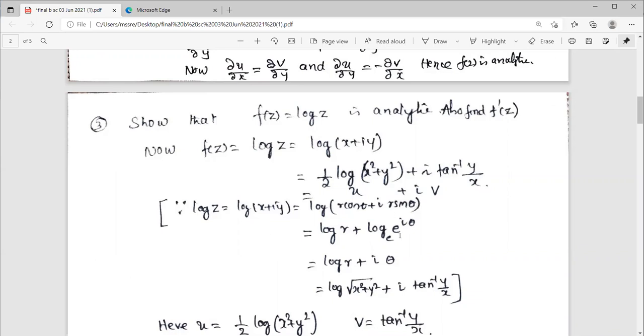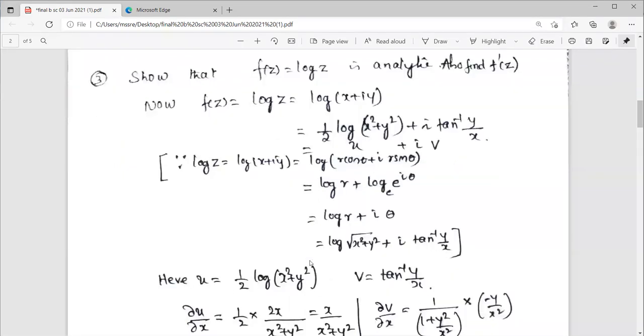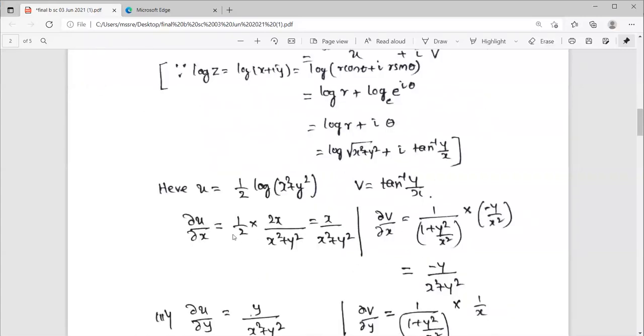If we take r common, that is log r plus log of e raised to i theta, so log r plus i theta. Here r is the modulus of the complex number, that is square root of x square plus y square, and theta is tan inverse y by x, that is the amplitude. So therefore, you will get u equal to half log of x square plus y square, and v is tan inverse of y by x.